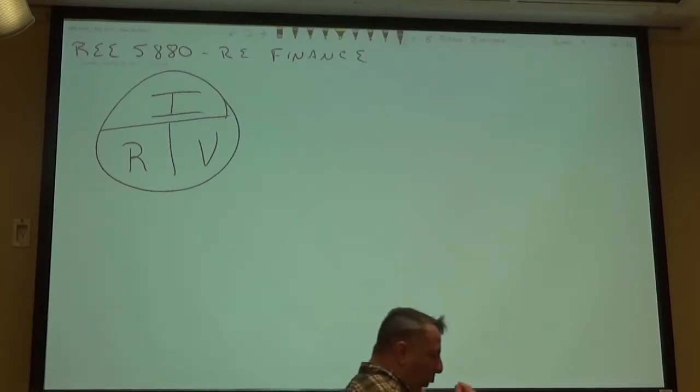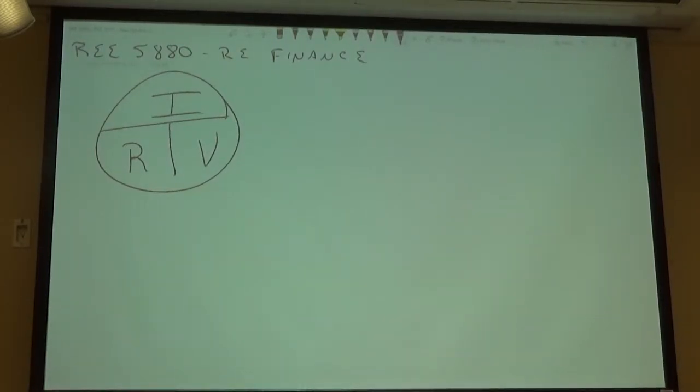And this is a simple little formula that relates the income from a property, the cap rate or rate of return, and the value. Okay, how many of you have seen this before? Anybody? Okay, handful of you. All right, now, the income number is typically going to be annual net operating income.